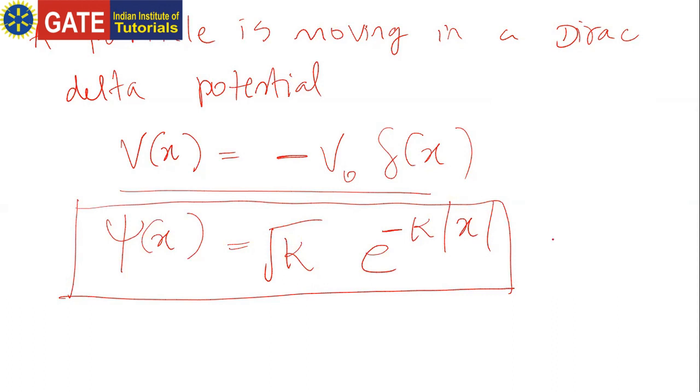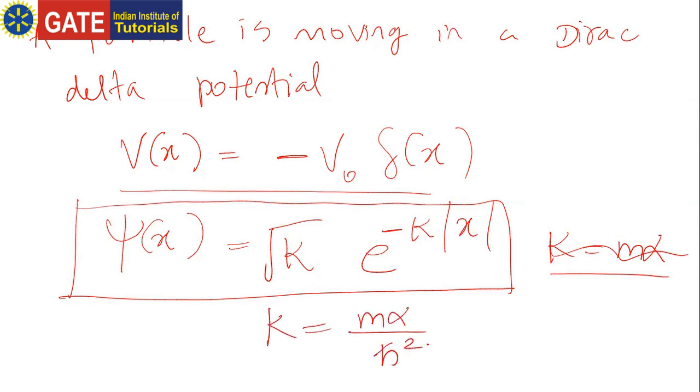Remember the value of k. k is equal to m alpha by h cross square.